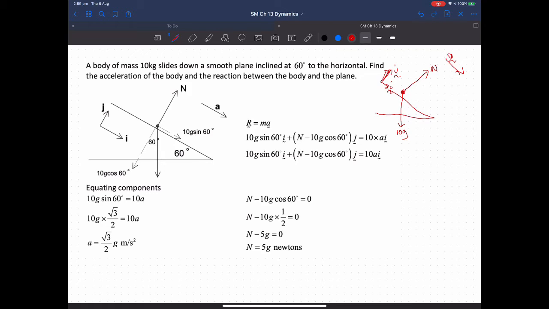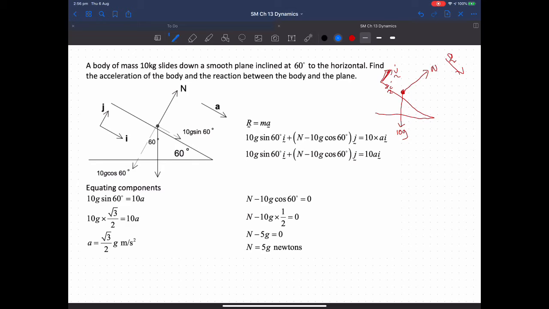So what are we going to do? What we need to do is consider the 10g. We're looking at our normal reaction being perpendicular to the slope, and we're looking at our acceleration being parallel to the slope. So because our weight is going directly down, we have to resolve it into its components.